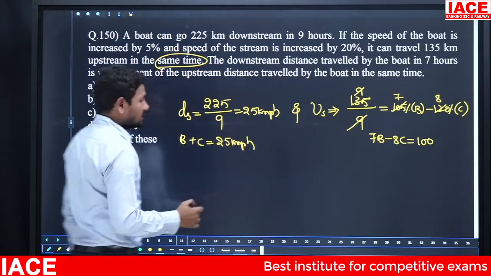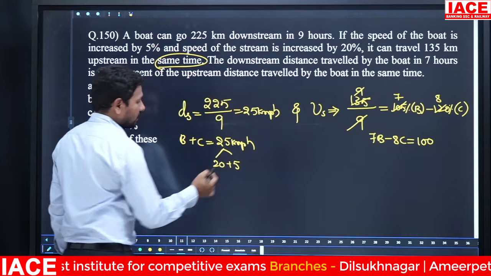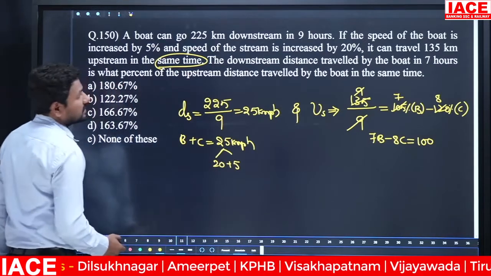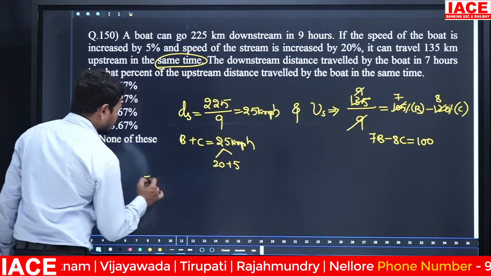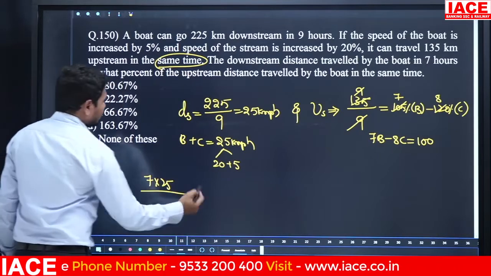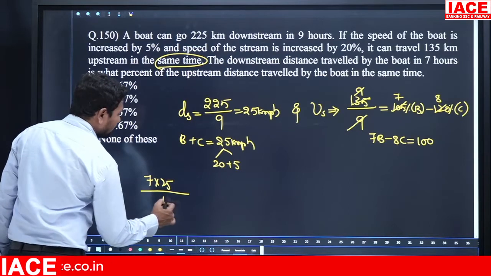If you solve these two equations, you will get boat speed 20 and current speed 5. Then the question is the downstream distance traveled by the boat in 7 hours, 7 into 25, is what percentage of the upstream distance traveled. Upstream distance becomes 15.